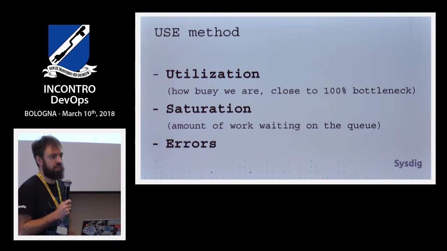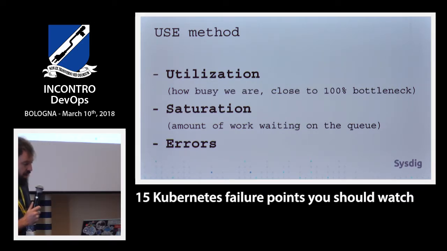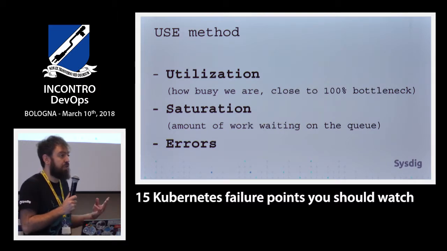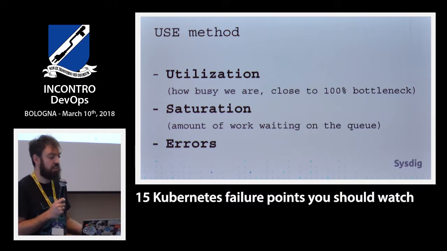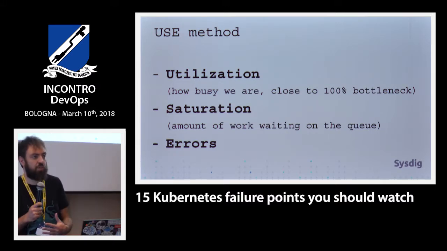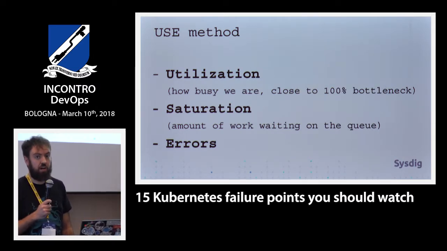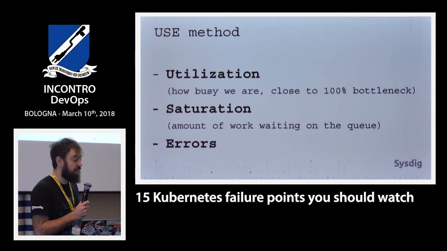There are some modifications of this monitoring method or observability method. Brendan Gregg, who works at Netflix, came up with a naming where he defined 3 important metrics to look at: utilization, so how busy is our service, how close we are to 100% utilization, therefore we can start finding bottlenecks.